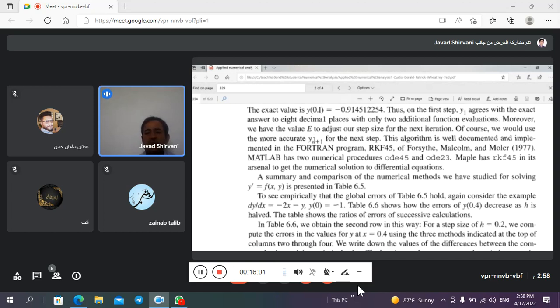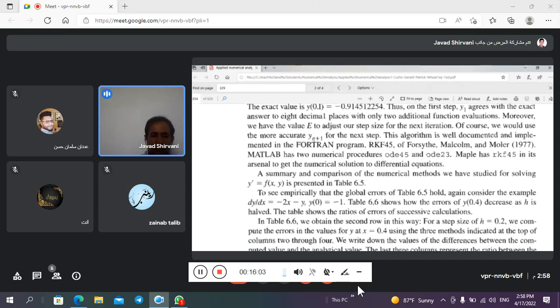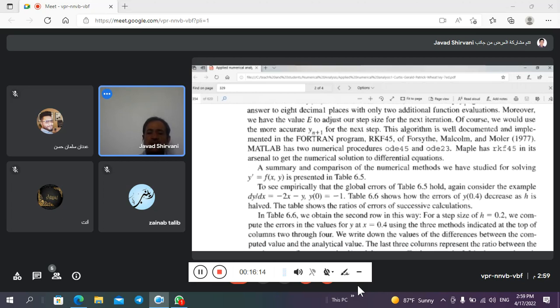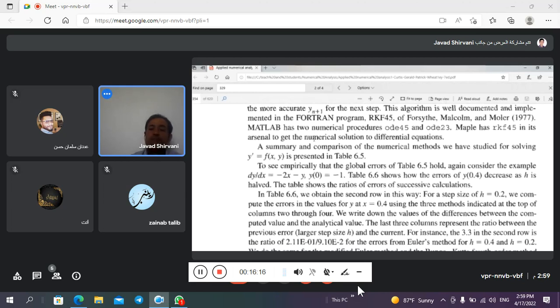And now Fortran is outdated software and is no longer used for scientific computing today.